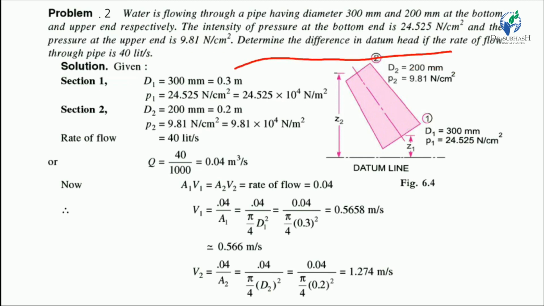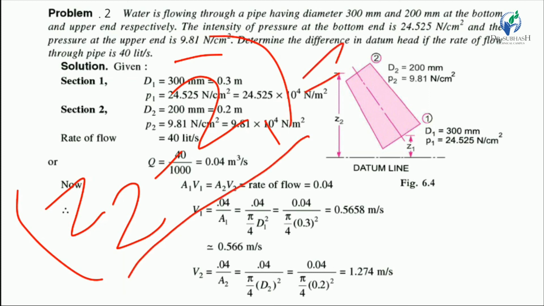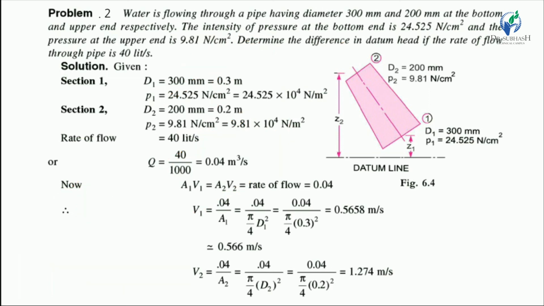Determine the difference in datum head if the rate of flow through the pipe is 40 liter per second. The rate of flow Q is given as 40 liter per second, and we have to find out the difference in datum head, that is Z2 minus Z1.